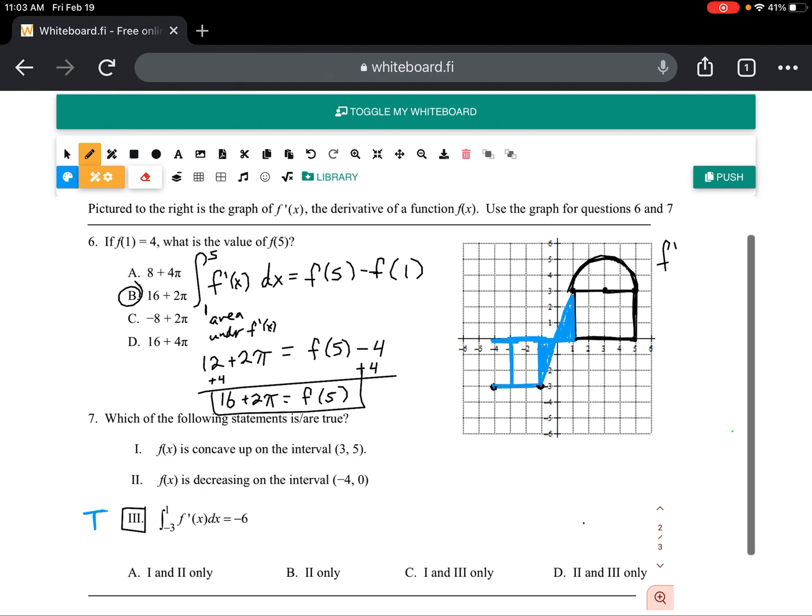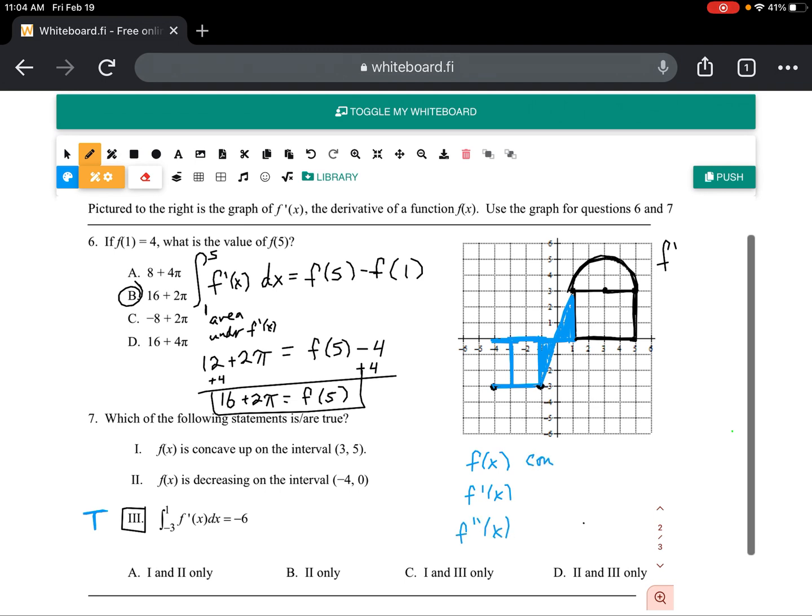Okay, we can go back up and do numbers 1 and 2. This is talking about f of x being concave up and decreasing. Okay, if f of x is concave up, that means, so this is f of x, f prime of x, and f double prime of x.